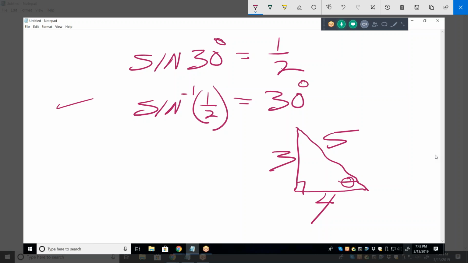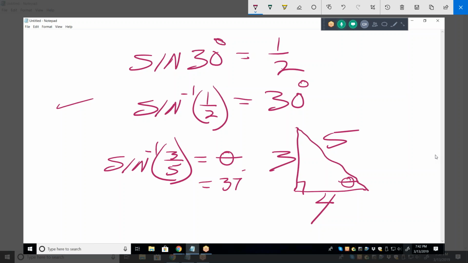Let's say I needed to know what that angle is. Then I'm going to take the inverse sine of 3/5, because the sine of that angle is 3/5. So to solve for that angle, I'm going to take the inverse sine of that ratio. And that turns out to be about 37 degrees.